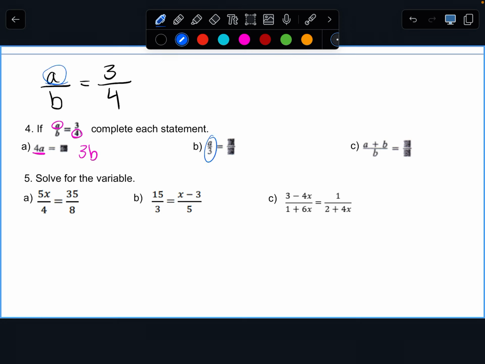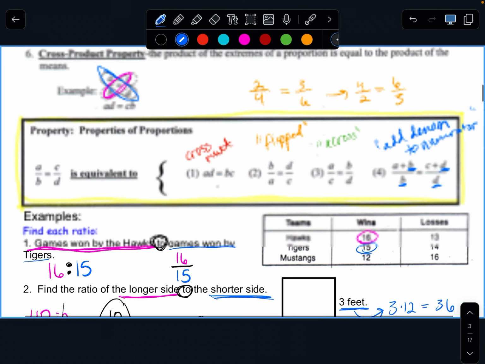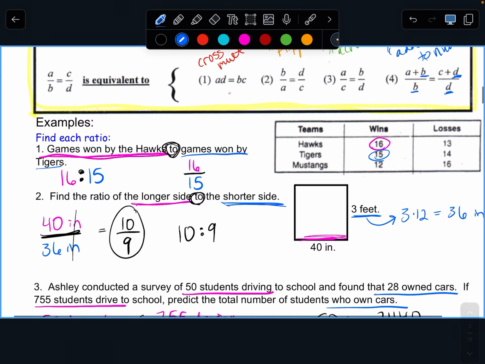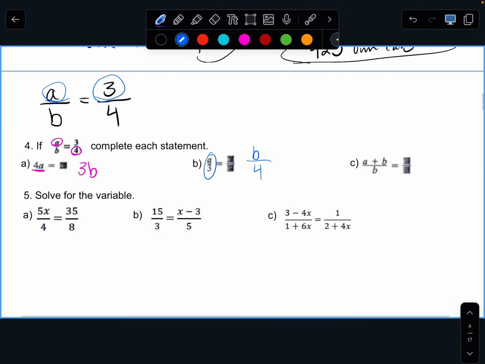So then you just follow how it goes: they did the numerator, so then just do the denominator, B over 4. Technically, that's number 3, but why memorize all that? You could just figure out the patterns.